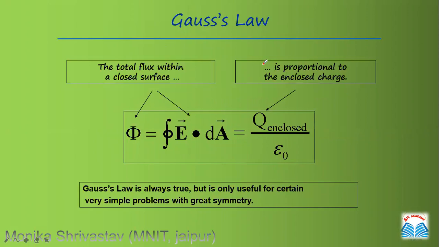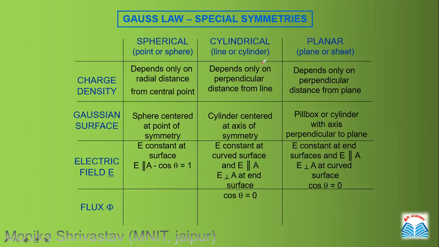Okay, so this is your Gauss law. The total flux through a closed surface, phi equals closed integral E dot dA, which is equal to Q enclosed over epsilon naught. The value of epsilon naught you always know. Some problems with great symmetry can be solved using this law, and those special symmetries are spherical symmetry, which we have for a point or sphere, cylindrical symmetry for a line or cylinder, and planar symmetry for a plane or sheet.